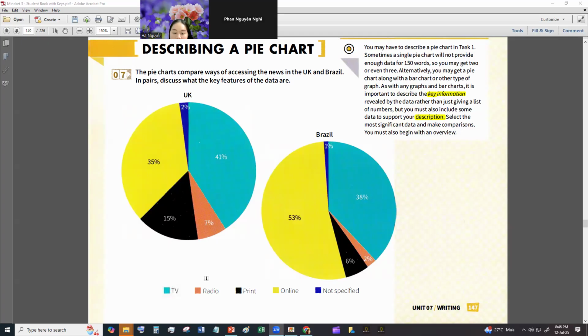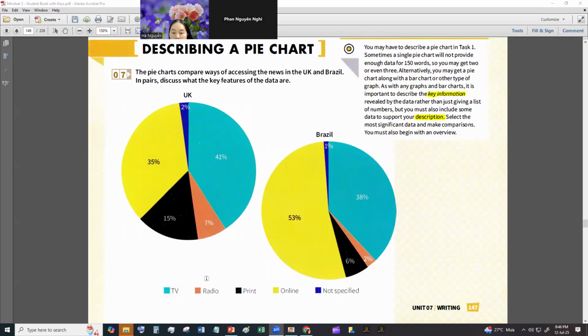And what can we say about radio and not specified? Very few listen to the news on radio, and only a minority did not specify how they find out about the news. Okay, however, which country uses radio more?